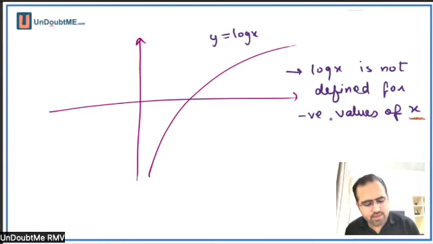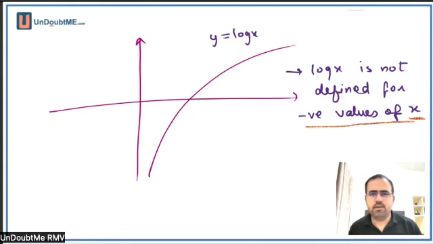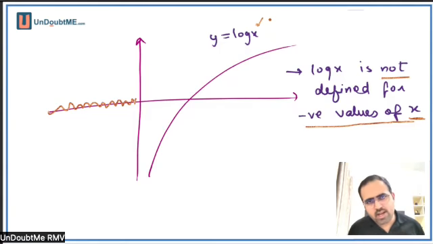All of you can see from the graph, not defined for negative value of x means there is nothing in the negative part of the x-axis. There are no inputs which you can put negative. In simple words, this x value cannot be negative. What you put inside the log can't be negative. You can try it out in the calculator. It will give you math error because log is not defined for negative value of x.